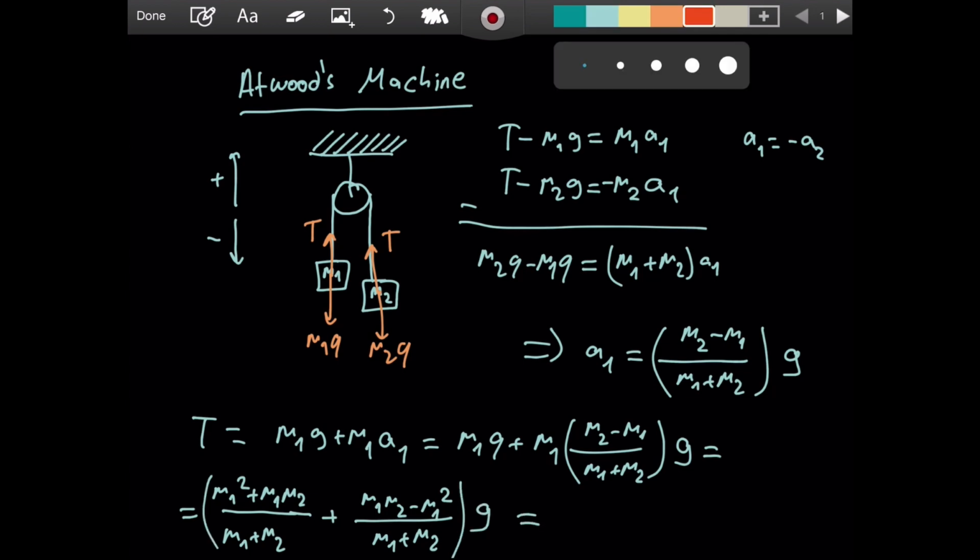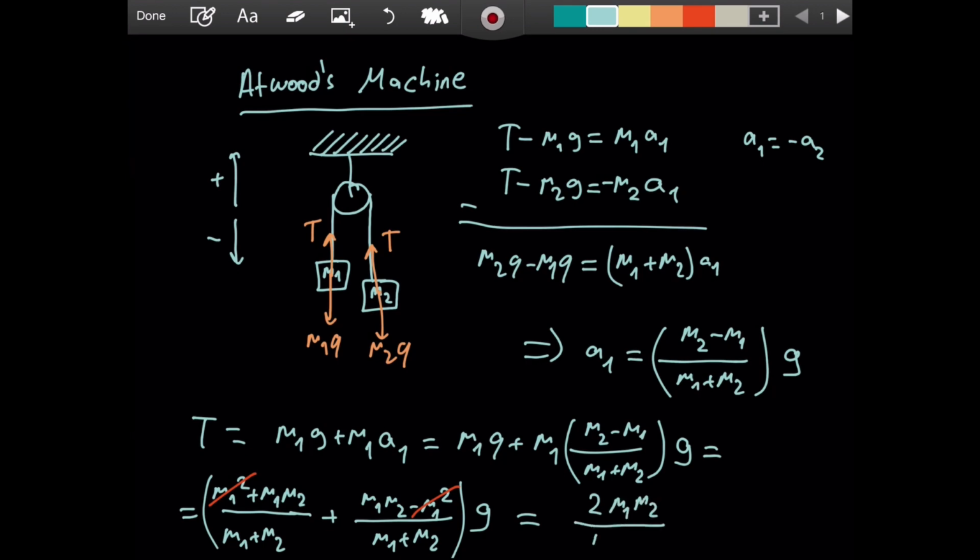So we can now add these two fractions. M1 squared terms will cancel. We have M1 M2 plus M1 M2. That gives you 2 M1 M2. So it's going to be 2 M1 M2 divided by M1 plus M2, then the gravitational acceleration. And this is the value for the tension.